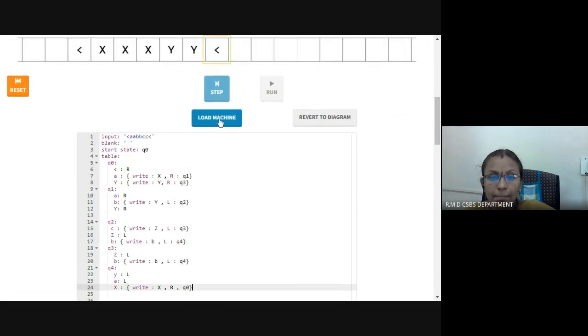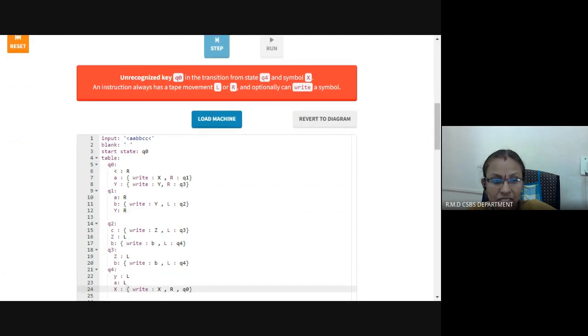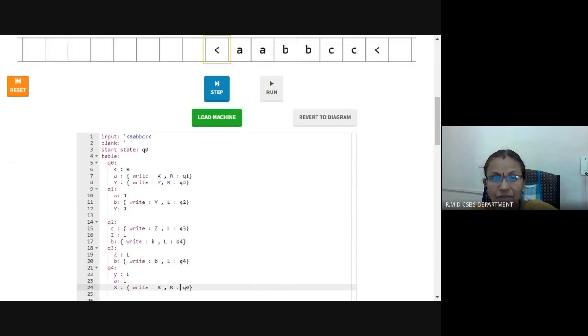Okay. So we can write it, load it. We can just proceed, and this will be changed to X, and it proceeds further. Okay, here we didn't change this actually.